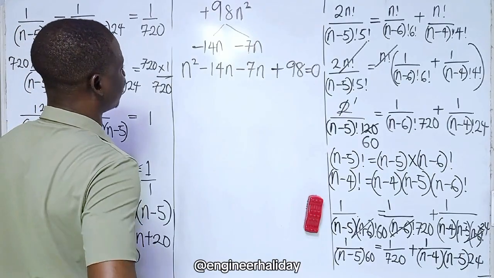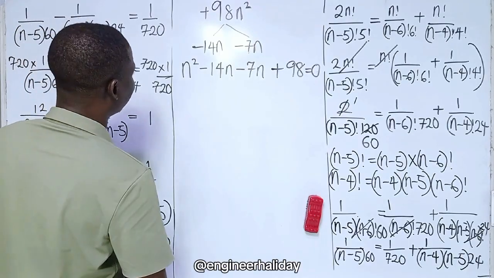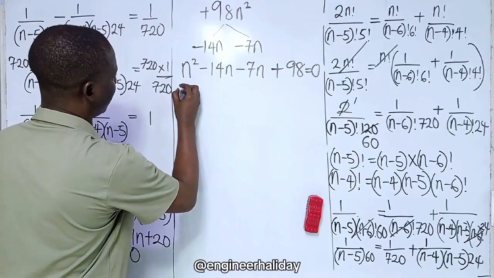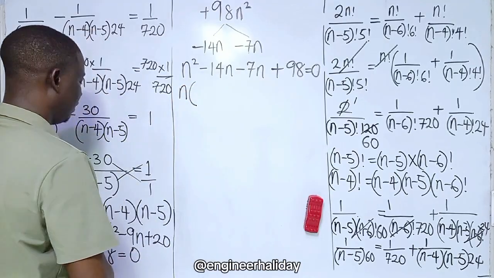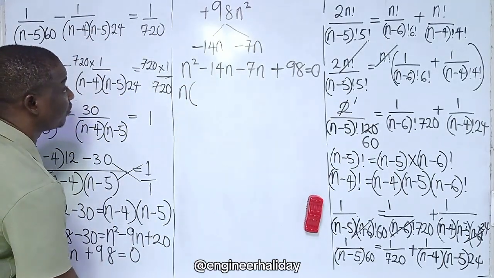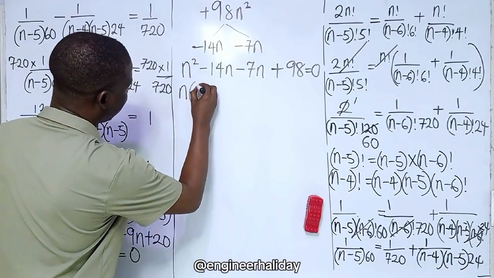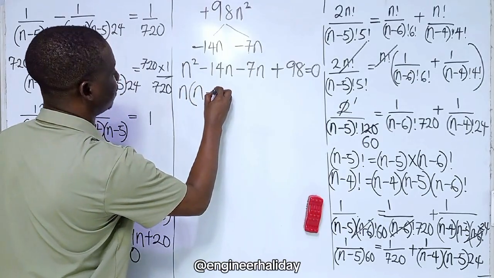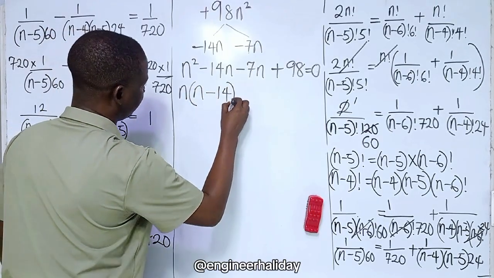Now, what I want to do is to factorize. If I factorize n out here, I want to have n remaining here minus 14 into bracket.